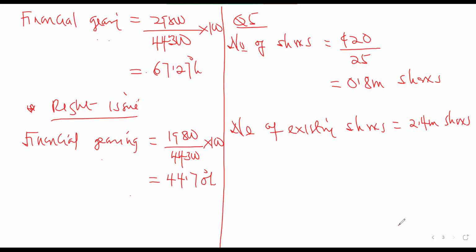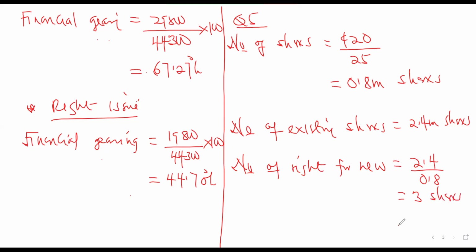Yes. So the number of rights for a new share is 1 for 3, 2.4 divided by 0.8. So 3 existing shares will give you 1 new share. So 3 rights will give you 1 new share.